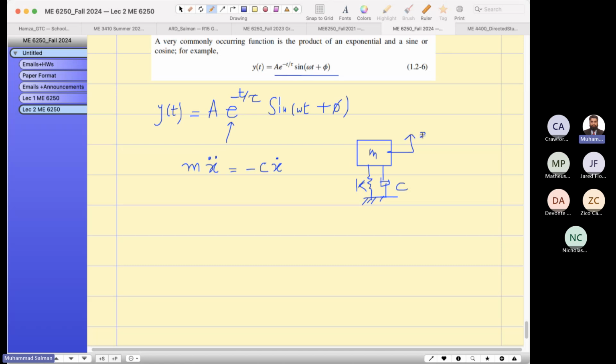Imagine this is moving upward, minus kx. So if you lift this up and leave it like this, it will start oscillating. So this is standard form. This is the actual differential equation of motion.